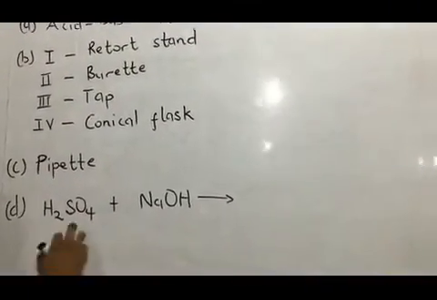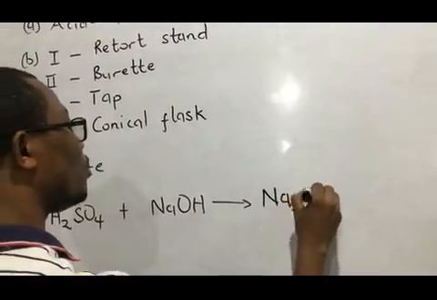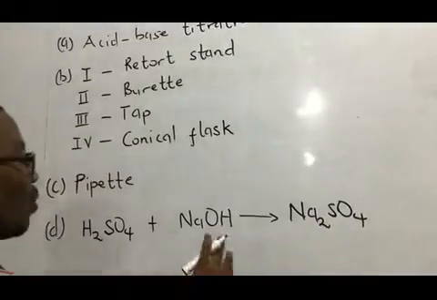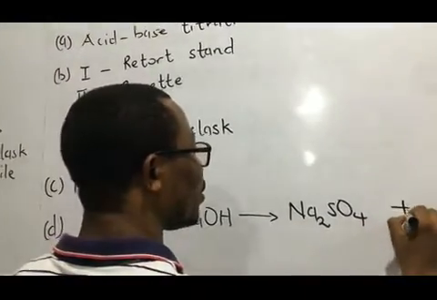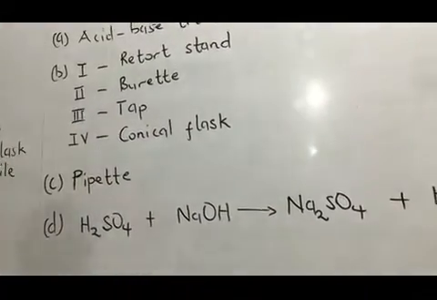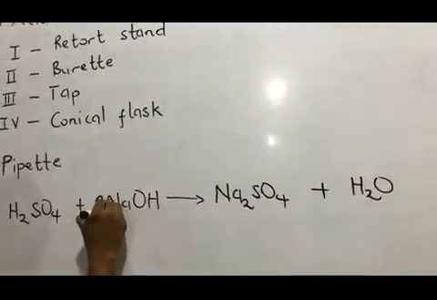Sodium combined with the sulfate, you have sodium sulfate. And then when the H here combines with the OH, you are forming water. To balance, sodium here is 1, sodium here is 2, so we can put 2 here.